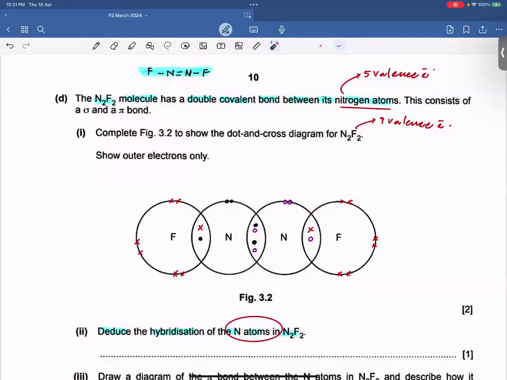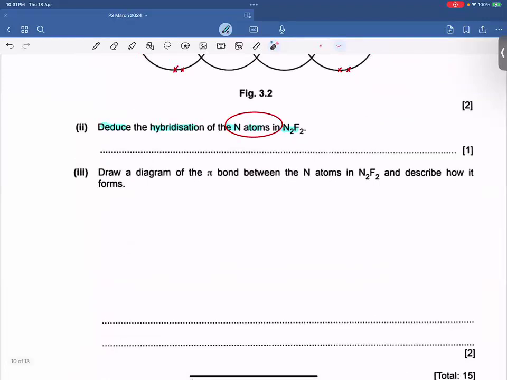So what we can do is, let's draw the structure here. N, double bond N, this fluorine atom, this fluorine atom. We know that nitrogen has 5 valence electrons. Distribute them: 1, 2, 3, 4, 5.